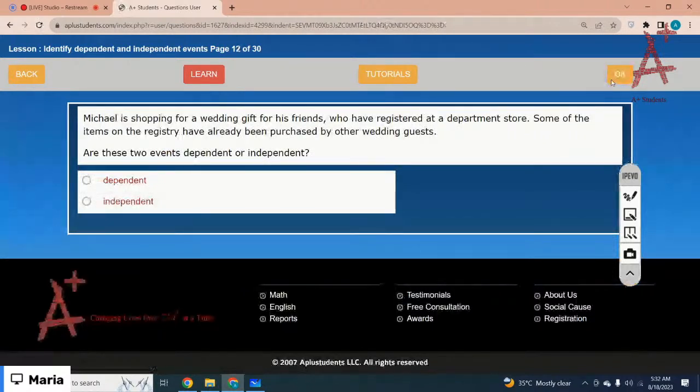Michael is shopping for a wedding gift for his friends, who are registered at a department store. Some of the items on the registry have already been purchased by wedding guests. Are these two events dependent or independent?